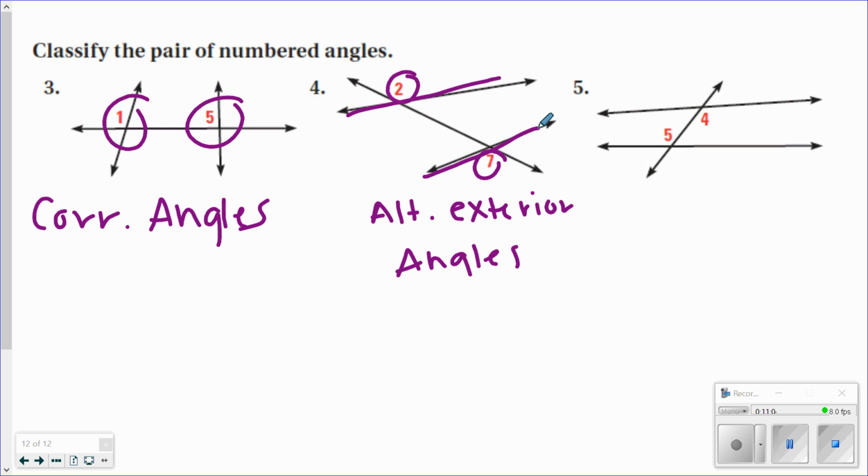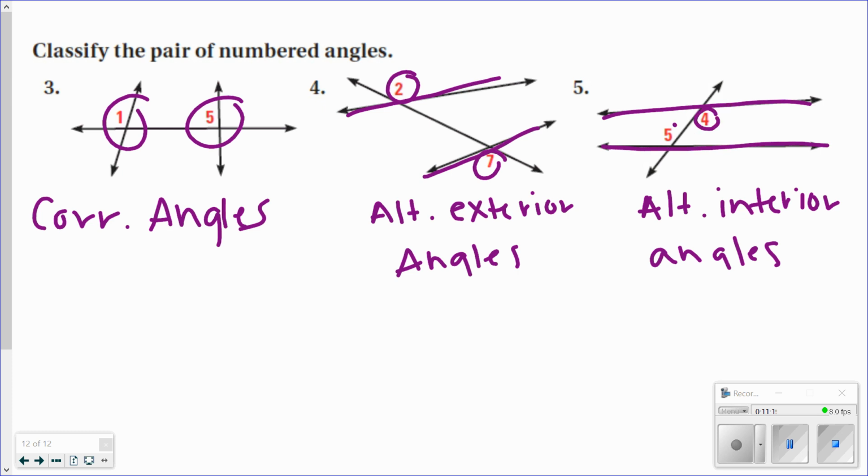And finally, 5 and 4, what type of angles would those be? They are alternate interior angles. If we look at our 2 lines, these are inside, and they are on the opposite sides of the transversal, alternate interior angles.